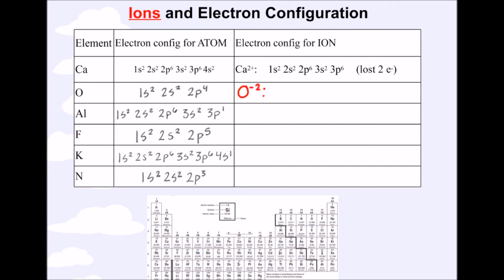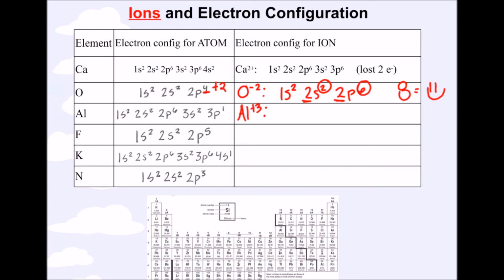Well, if this is a neutral oxygen, it needs to gain 2. So it will be 1s2, 2s2, 2p6. You can also check because in this outer energy level, now it has 8 valence electrons, which is very good. Okay, aluminum. We said aluminum is Al plus 3.